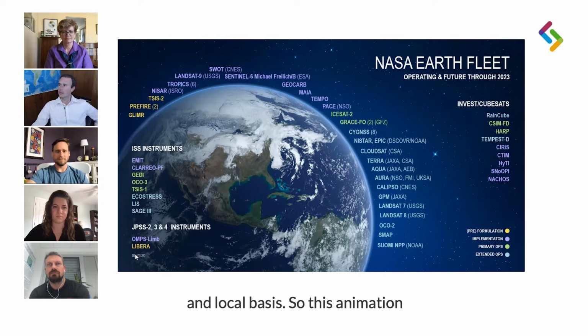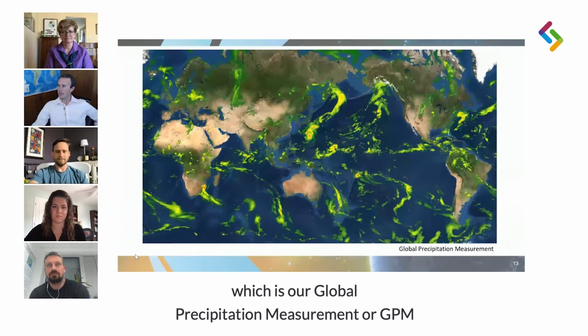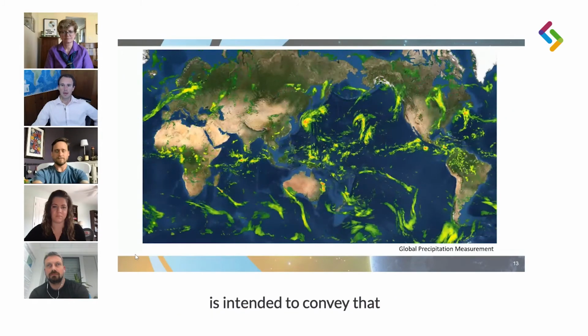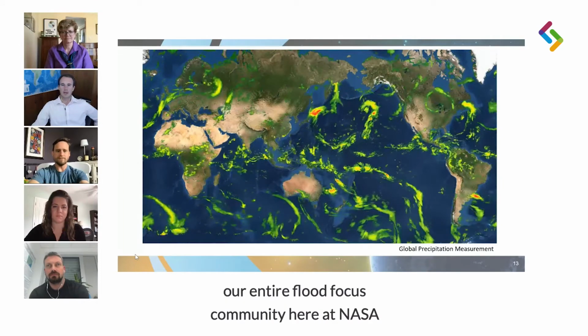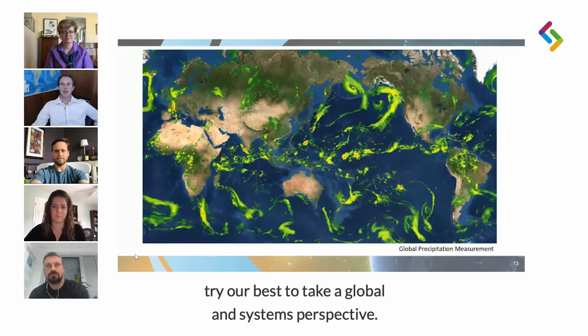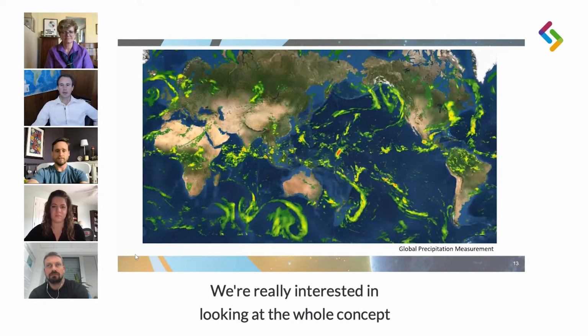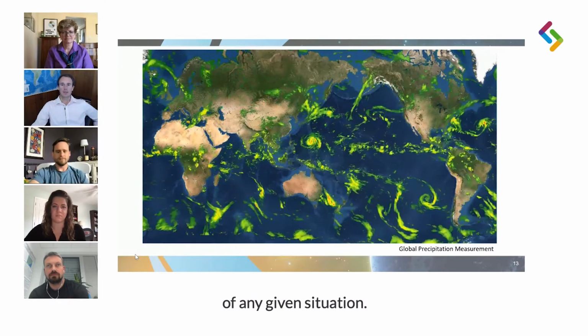and local basis. So this animation, which is our Global Precipitation Measurement, or GPM, is intended to convey that our entire flood-focused community here at NASA tries our best to take a global and systems perspective. We're really interested in looking at the whole concept of any given situation.